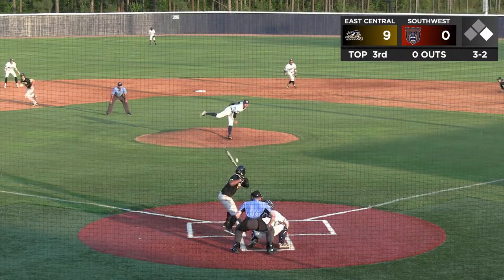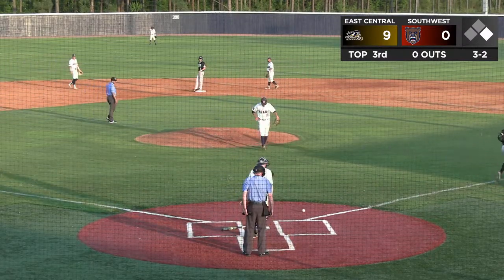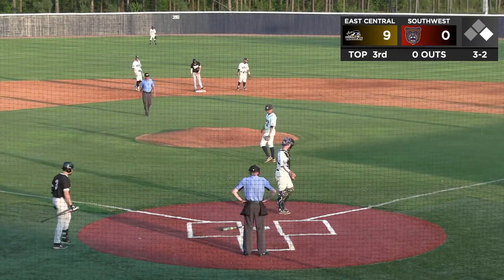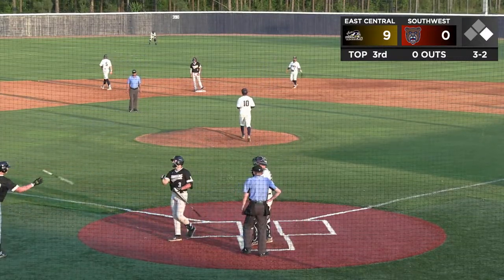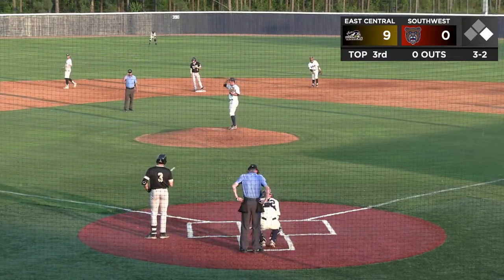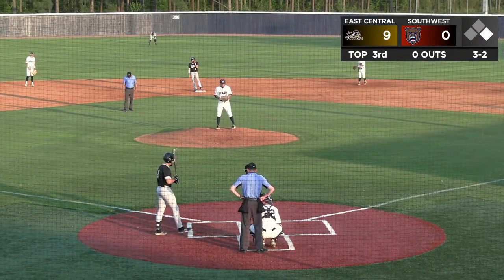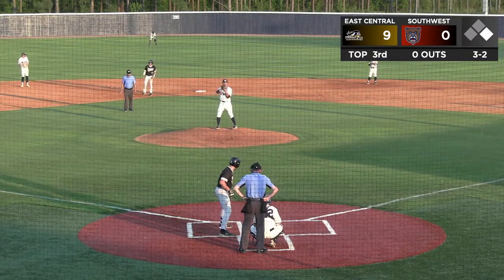Here's the 3-2. That one misses for ball 4, and that will load the bases up. So the bases are loaded. And Braxton, the right fielder who's 0 for 2, will come to the plate here in this third inning.